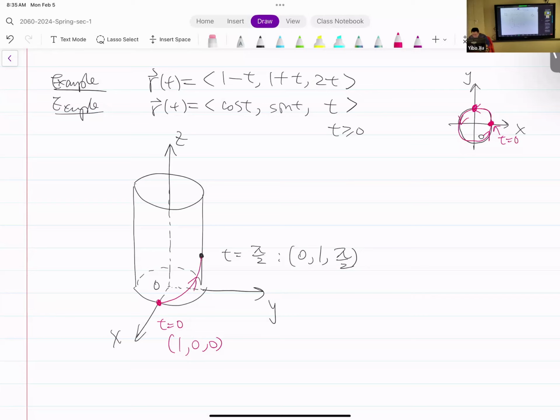So basically, when the parameter t increases by pi over 2, you're rotating counterclockwise by 90 degrees. And at the same time, your elevation just increased by pi over 2. So you will actually go to the point somewhere like right here, and then like right here.